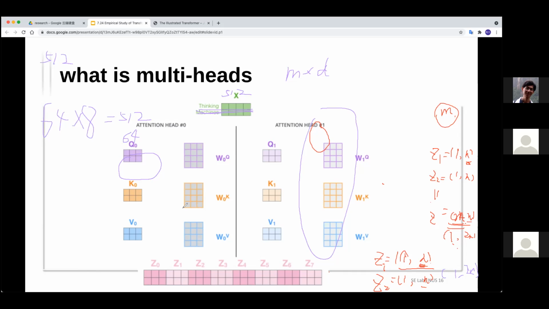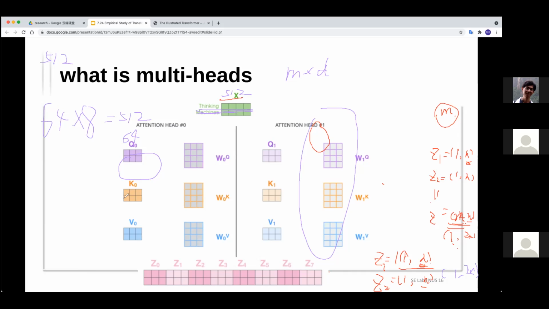So the embedding of the word thinking is 512 dimensions. Yeah. And what is the dimension after we apply? Query is 64. The query, key, and value are all 64 dimensions.